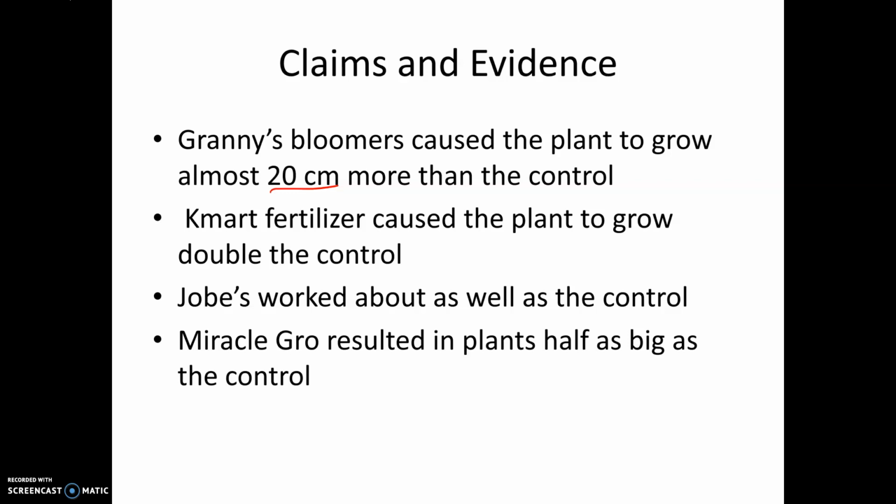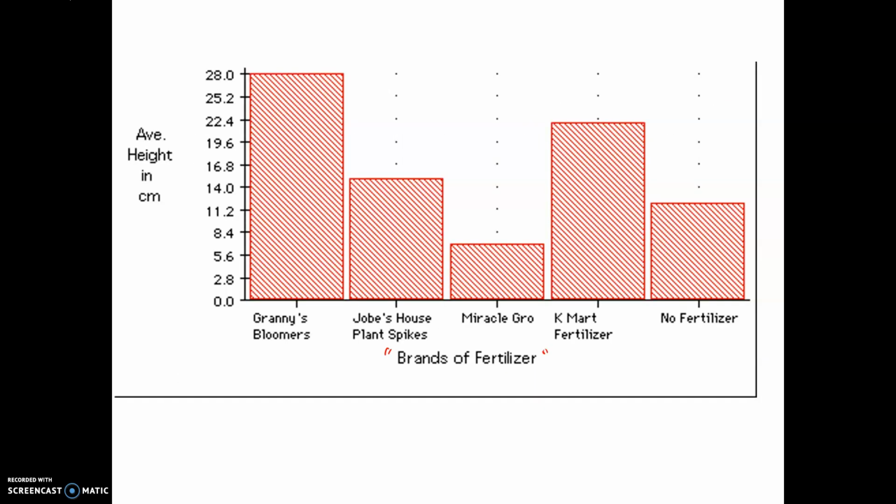Job's worked about as well as the control. And Miracle-Gro resulted in plants half as big as the control. So again, all of these different claims are supported in our graph, and we would be able to take those numbers from this graph as evidence.